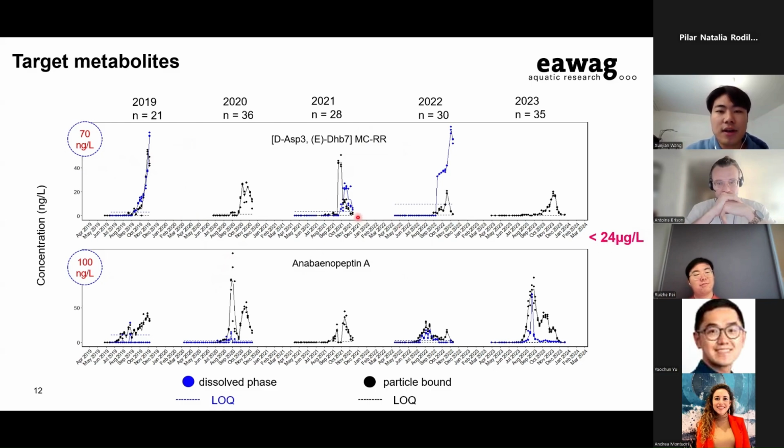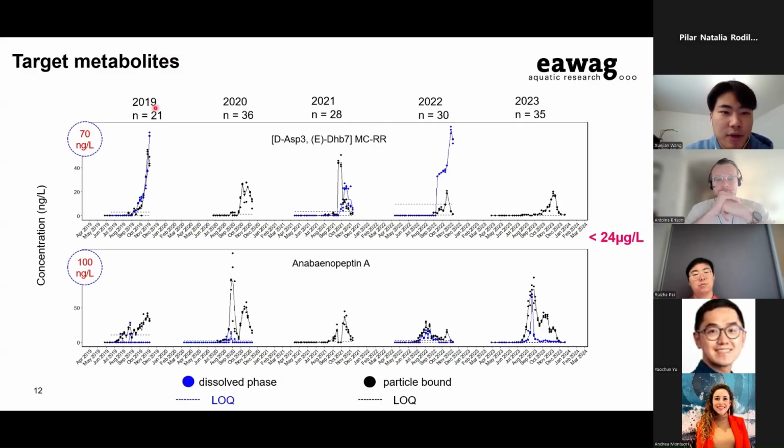And the concentration of the cyanotoxins in this lake is also quite low compared with other, we cannot say popular, cyanobacterial bloom lakes in the world. However, with this data, we could still learn the dynamics of the toxins.